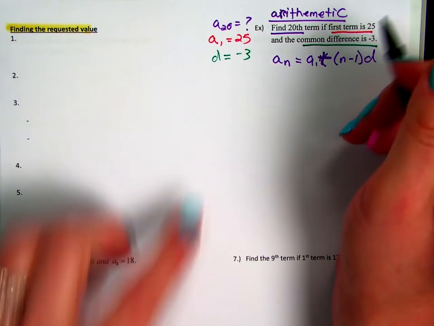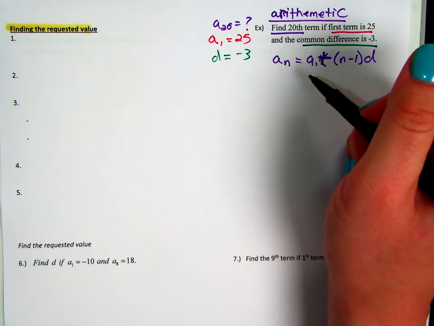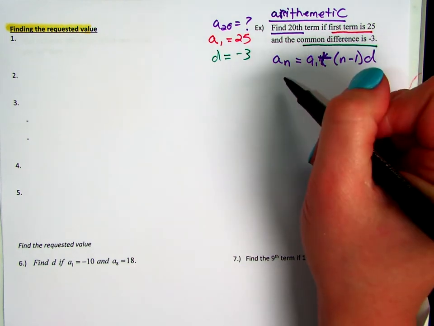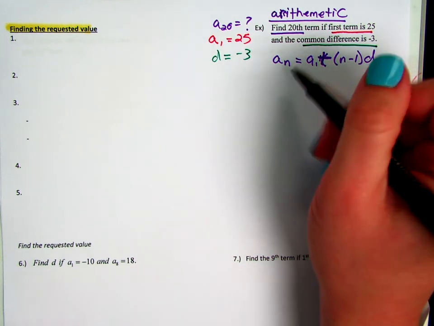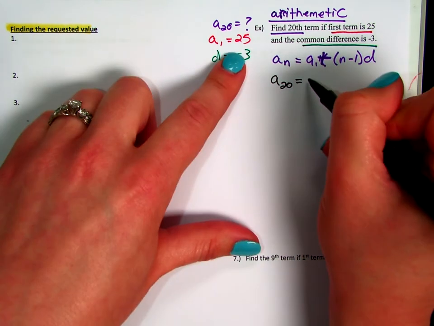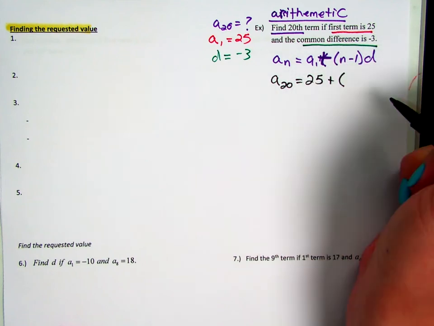So then I can go ahead and substitute that information into this formula. We are trying to find a sub 20, and we know it's equal to a sub 1, which is 25, plus, now the issue is we didn't write down what our n is.